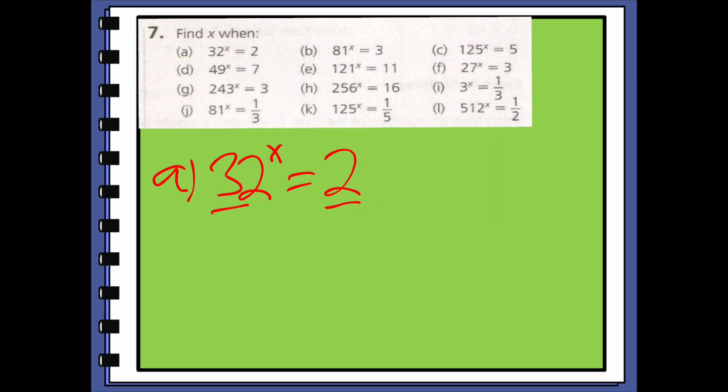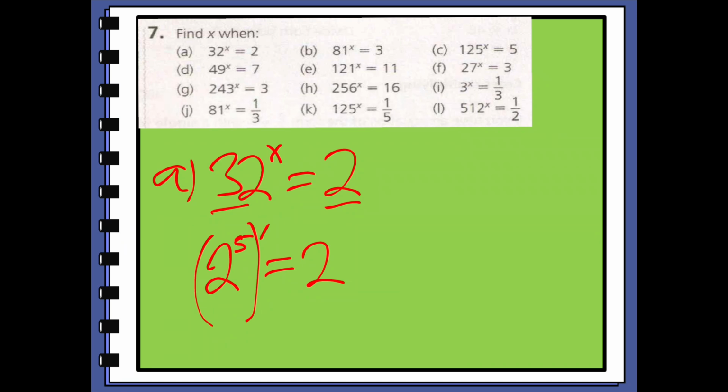So what power of 2 can give us 32 so that we have the same base? So we know that 2 power 5 gives us 32. Okay, so we have made the base the same.